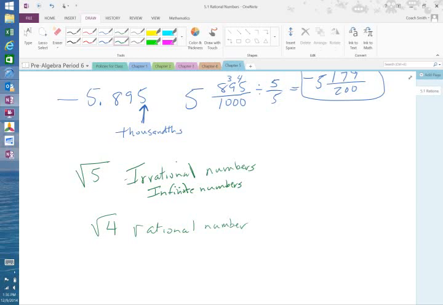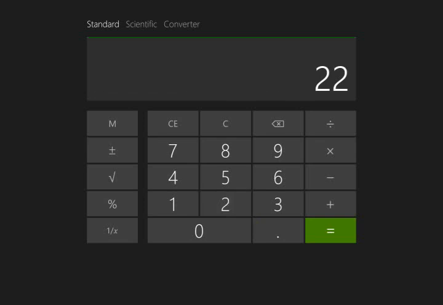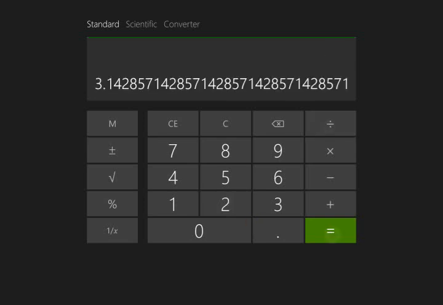If you divide it out, it's going to end up repeating. The fractional equivalent to 3.14 or pi is 22 over 7. But you can see that 22 over 7 repeats: 142857, 142857, 142857. So it keeps repeating that same block of digits.